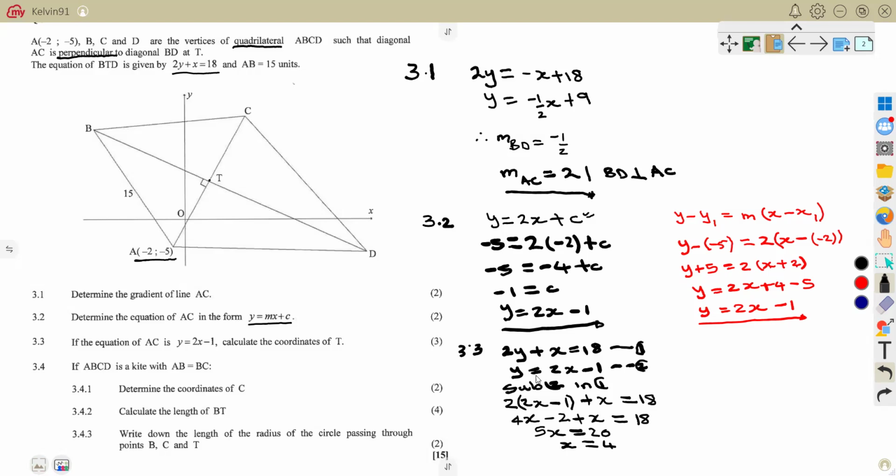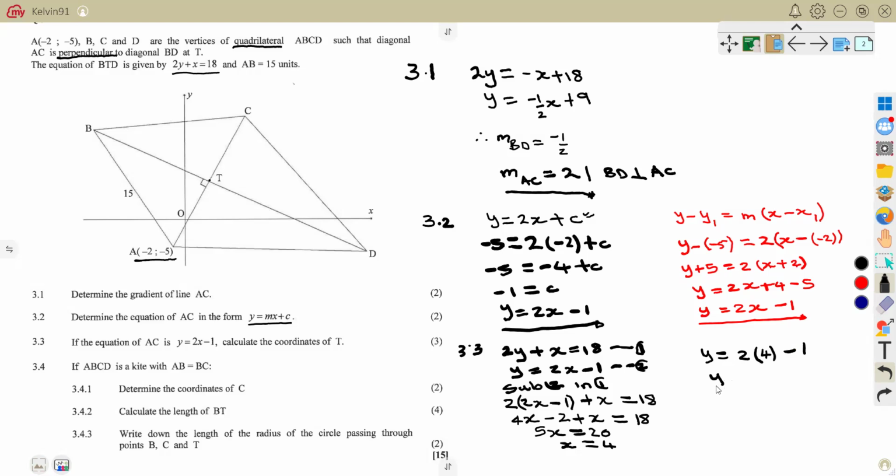When we get x equal to 4, we substitute that in any of these equations. If we substitute in equation 2, y will be equal to 2, then where there is x, we put 4, minus 1. Simplifying that, 2 times 4 gives 8 minus 1, 7.